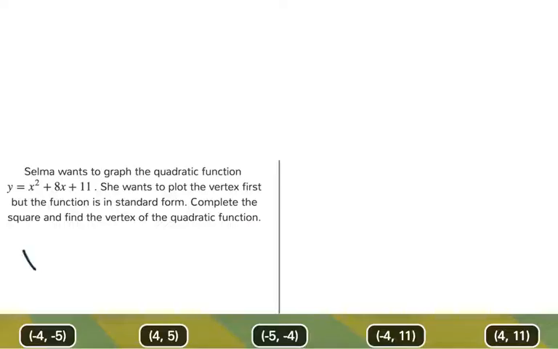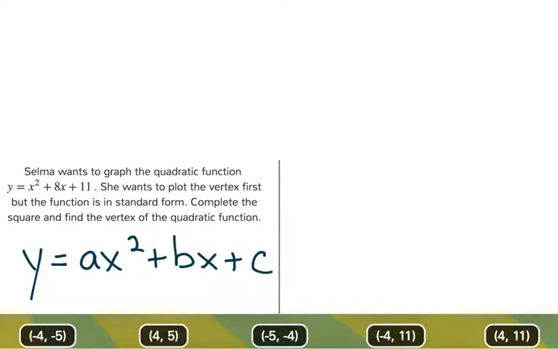So the standard form of a quadratic that we've been working with is y equals ax squared plus bx plus c. And when you use the quadratic formula itself, that's where you would pull these a, b, and c from. Well, derived from the quadratic formula is a simple process that you can use to find the actual vertex point.